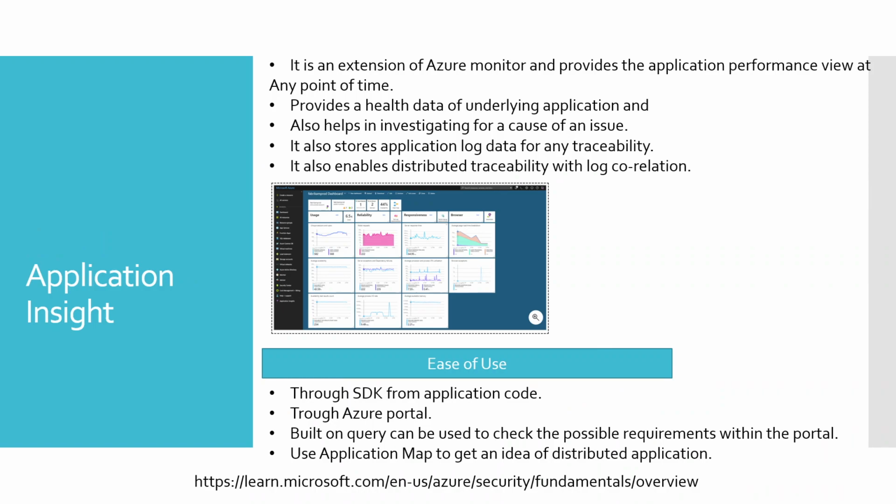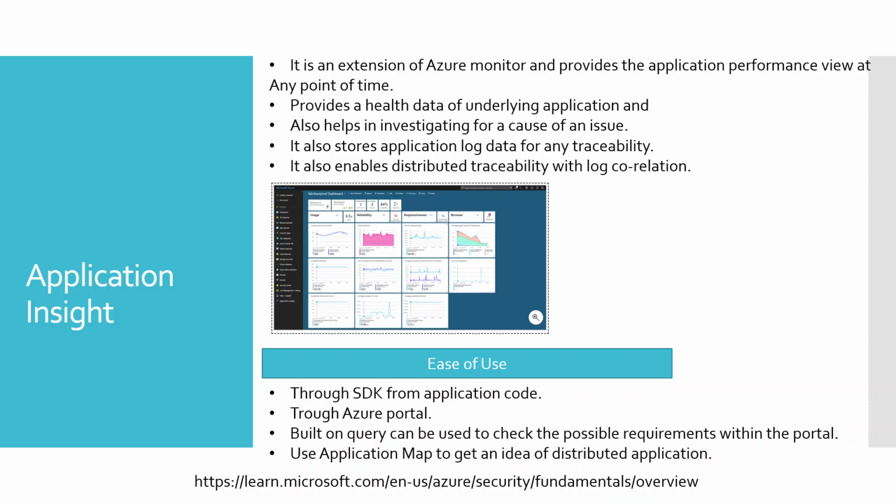Coming to the last one, application insights. Application Insights is an extension of Azure Monitor again, and it provides the application performance view at any point of time, the way the Defender dashboard does. It gives you more on application level performance.